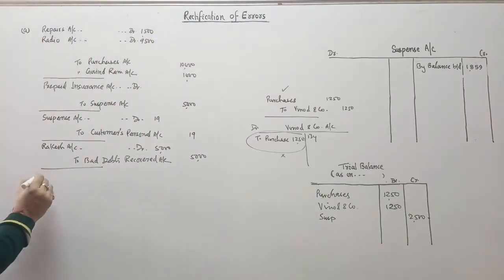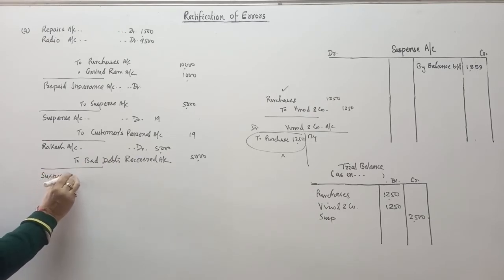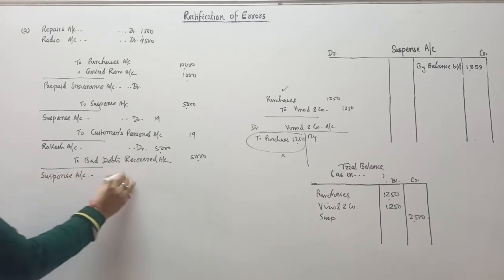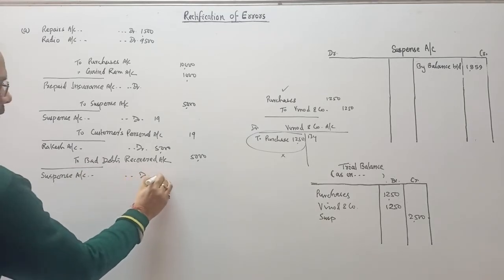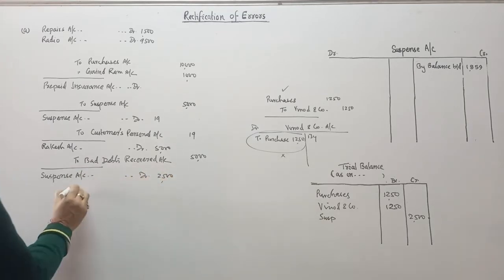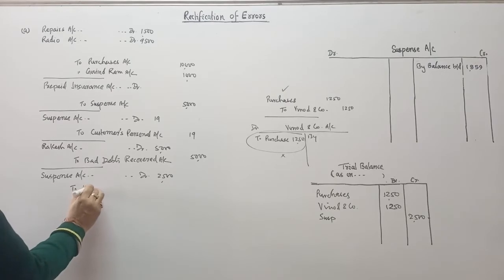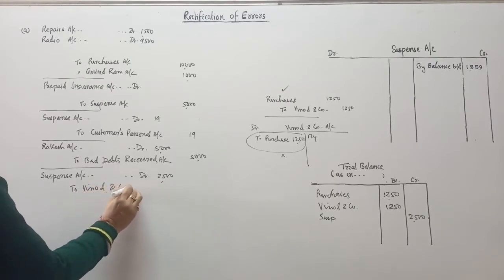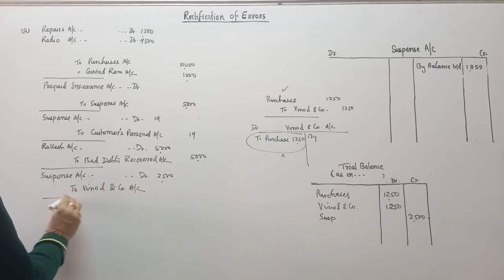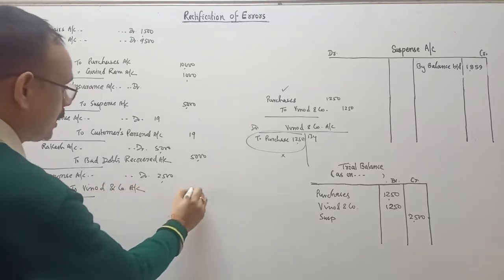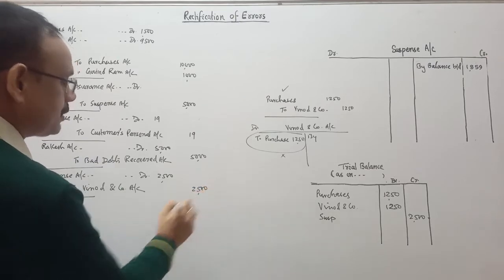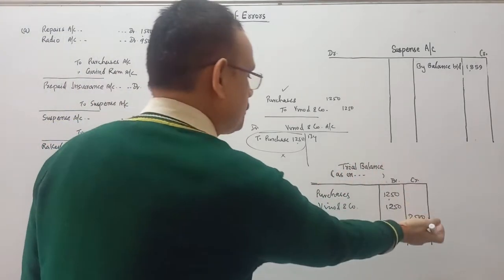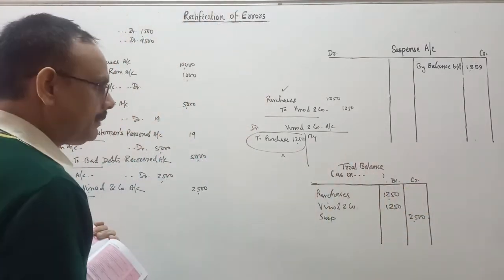Now we'll rectify suspense account. We have to debit it for cancellation purpose. So suspense account is debited with 2500, and Binod and Company account will be credited by 2500 because instead of credit side we have posted debit side.